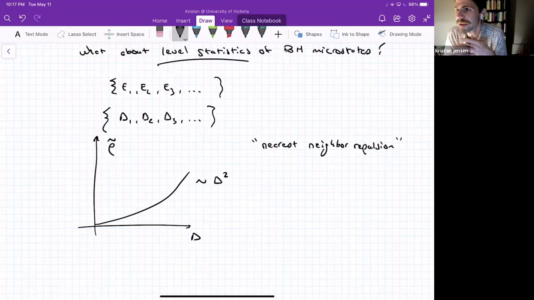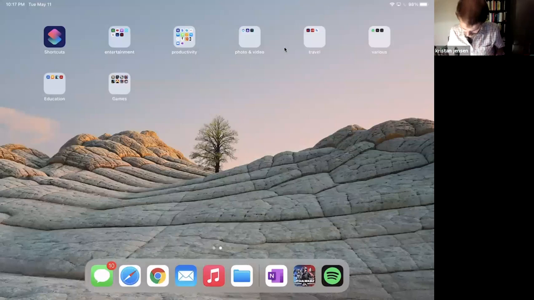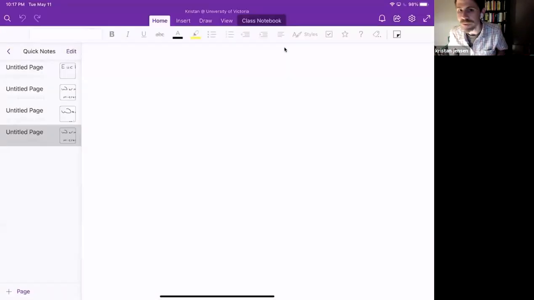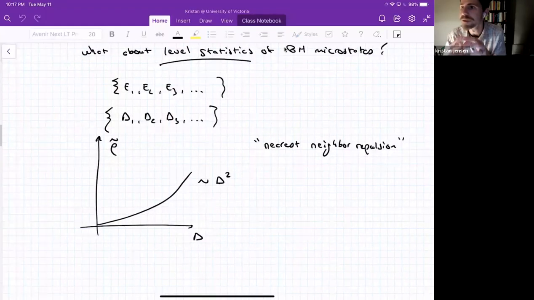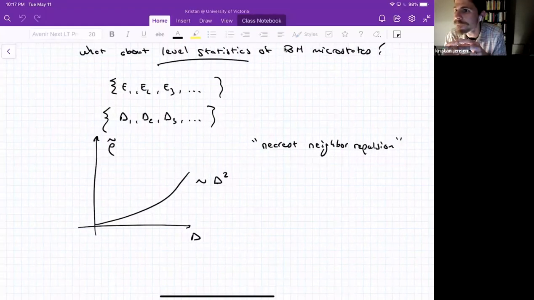It's the thing that in a quantum mechanics class you inevitably do: to study, say, 2x2 Hamiltonians when you talk about perturbation theory.